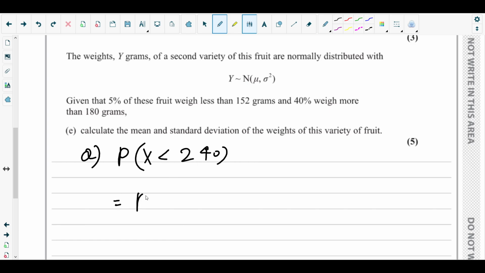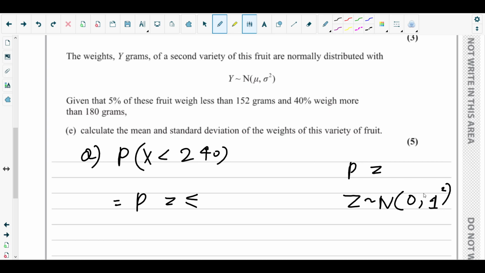So we standardize. Why do we need to standardize? Because the table given in the formula booklet is for the standard values of z, that is, the probability of z. Standard values of z means z is distributed with mean 0 and variance 1 squared.